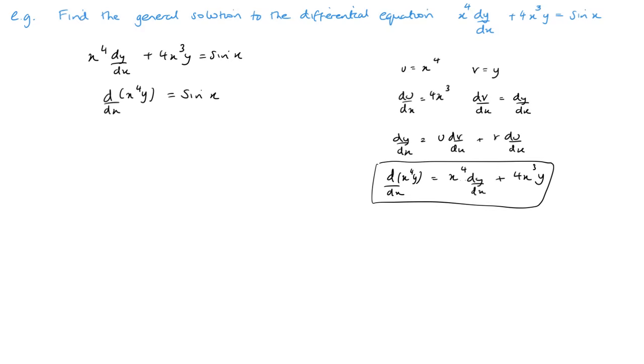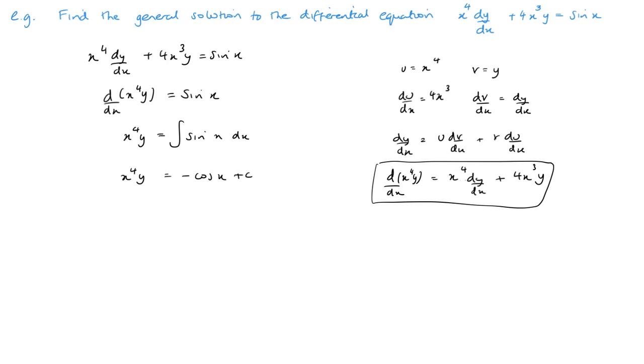As integration is the reverse process of differentiation, if I integrate both sides I get x to the 4y on the left, and the integral of sine x dx on the right. Sine integrates to negative cos, so this is negative cos x plus c.